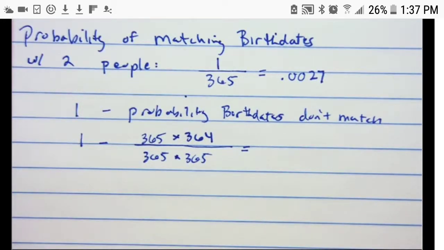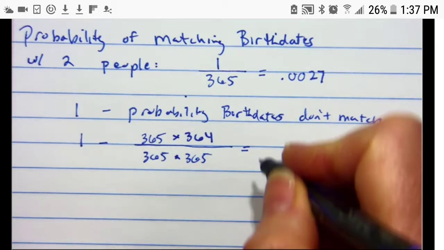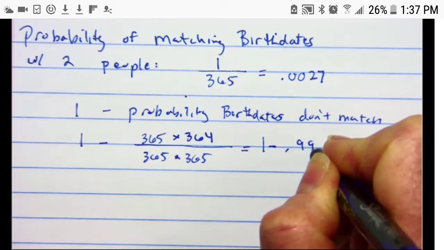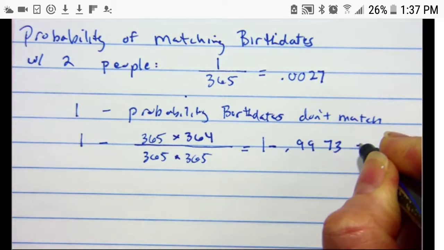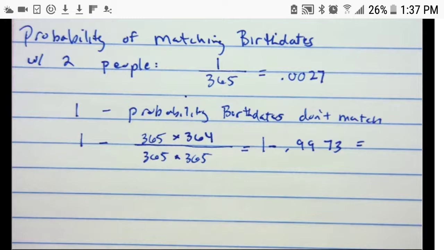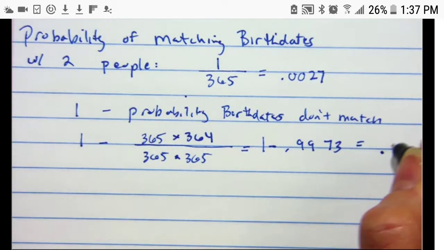So we'll go ahead and calculate this and see if it comes out to be the same. So 1 minus the probability that the birthdays don't match equals the 0.0027 probability that the birthdays do match. So 1 minus 0.9973 is 0.0027.